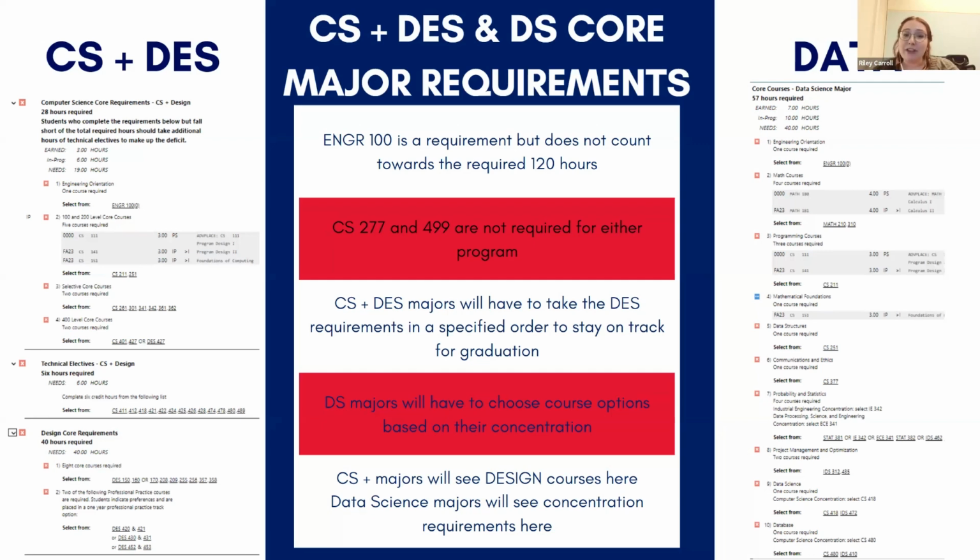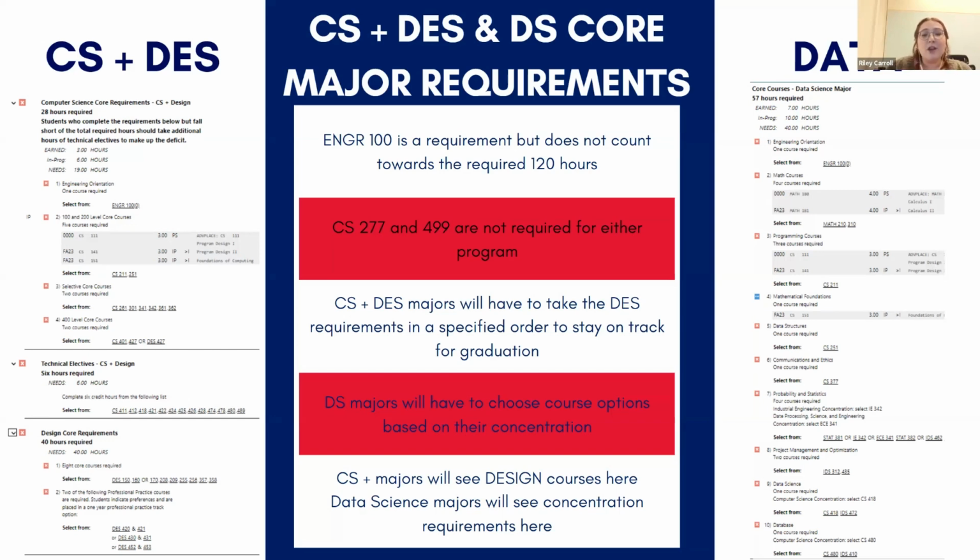CS 277 and CS 499 are not required in either the CS plus design or data science program. Again, CS plus design has design courses that have to be taken in a specific order for your degree. If you have questions about that outside of what's provided in the packet for CS plus design majors, then you can go ahead and speak to your assigned CS plus design advisor.